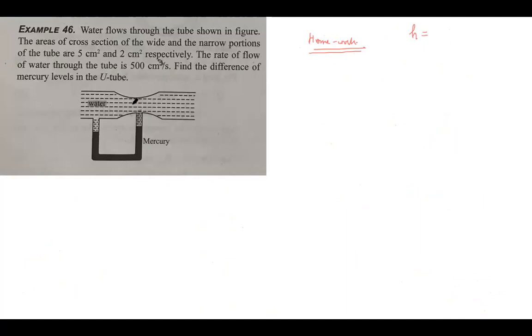So you have to find this h, the difference in mercury level. So the answer here is h is equal to 1.97 centimeter. So this is the answer. You will solve it and then match whether the answer is correct or not.